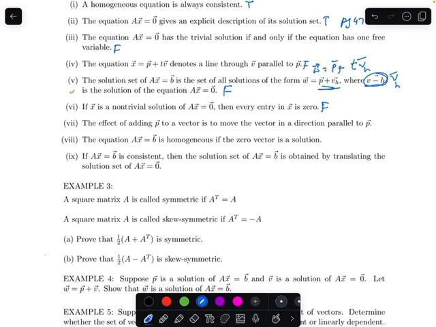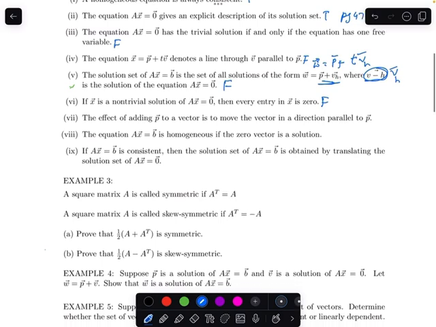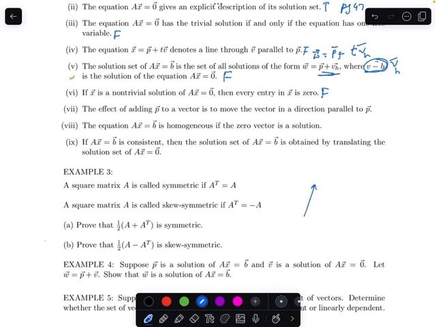Let's see what this is saying. Let's say we have a vector p going in this direction, and then we have another vector v going like this. Adding p to a vector, so if I add p here, let me make it a slightly different example.